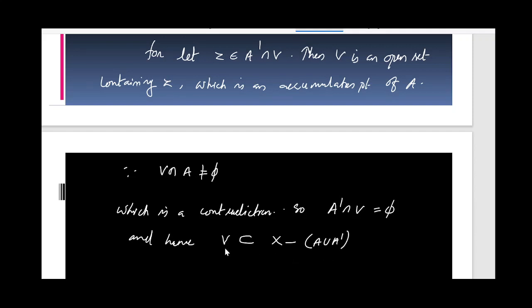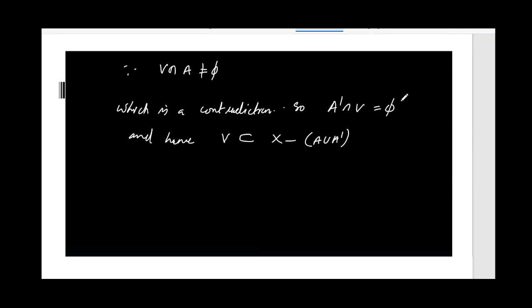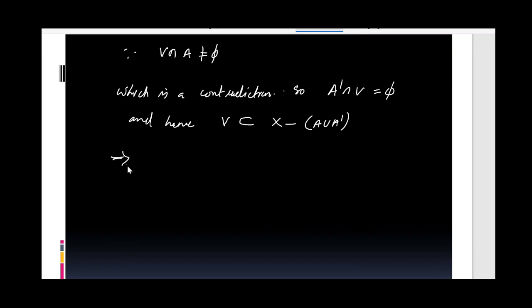We have seen that V does not belong to A, V intersection A is empty and V intersection A dash is empty. So V intersection A union A dash is empty. That means V is contained in the complement of A union A dash, that is, V is contained in X minus A union A dash, which implies X minus A union A dash is open, which implies A union A dash is closed.